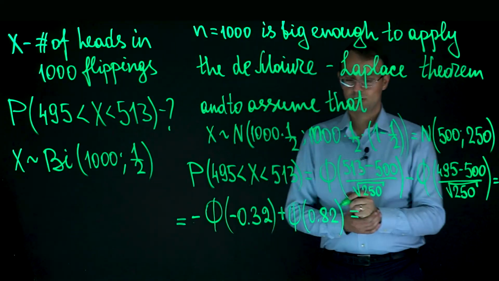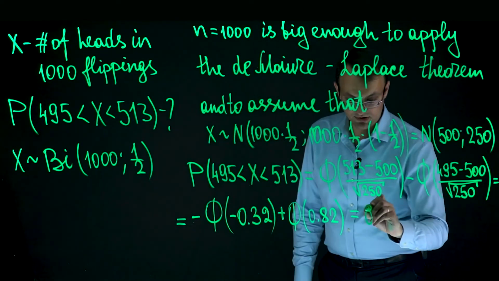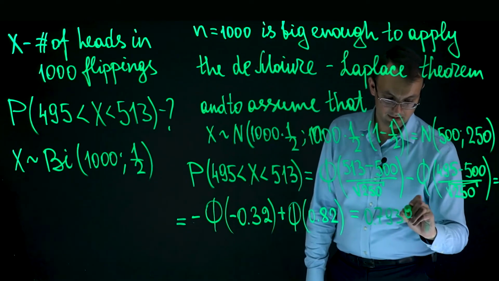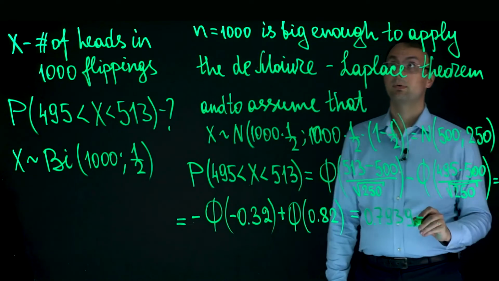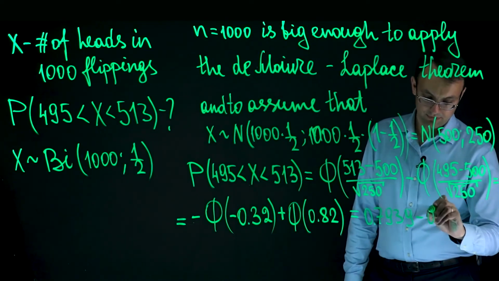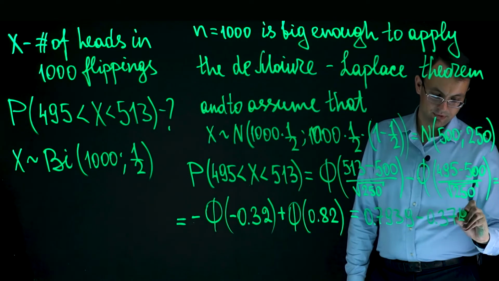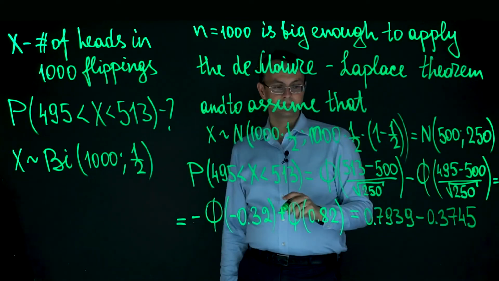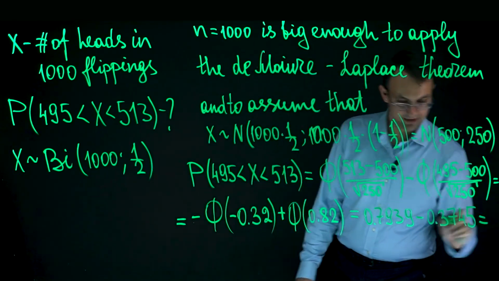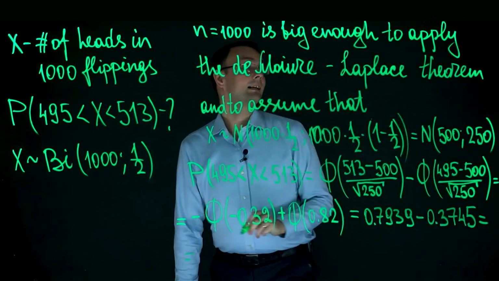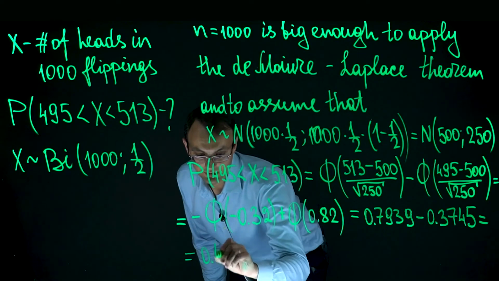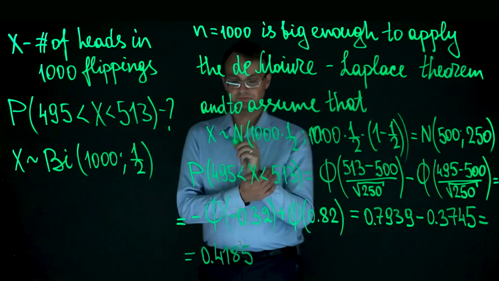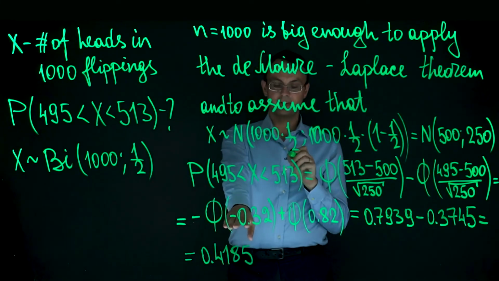And these are 0.7939 minus 0.3745, the values from the table. And so finally I get 0.4185. So this is the answer.